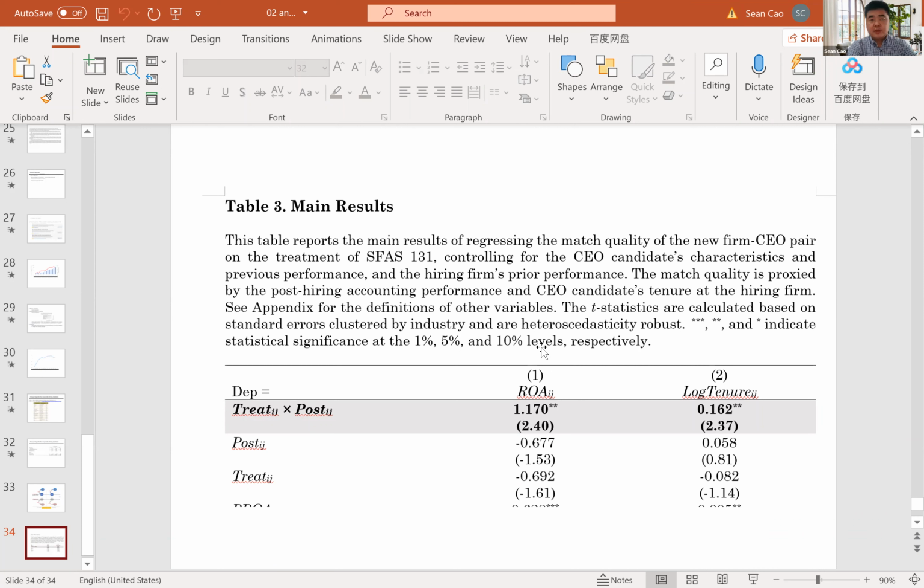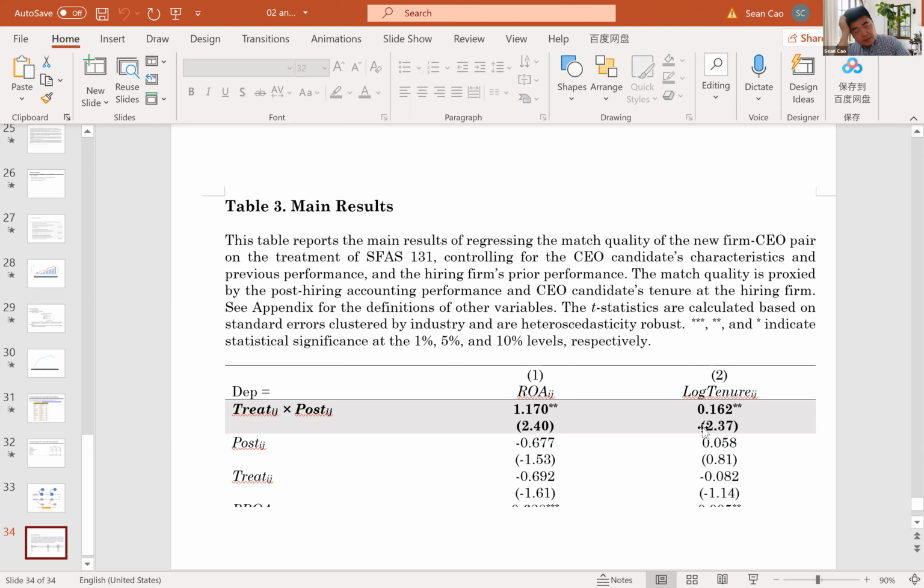That's one result. Another result is that after 1997, when hiring firms know more about the candidate CEO's segment performance, the CEO will stay longer with the firm.